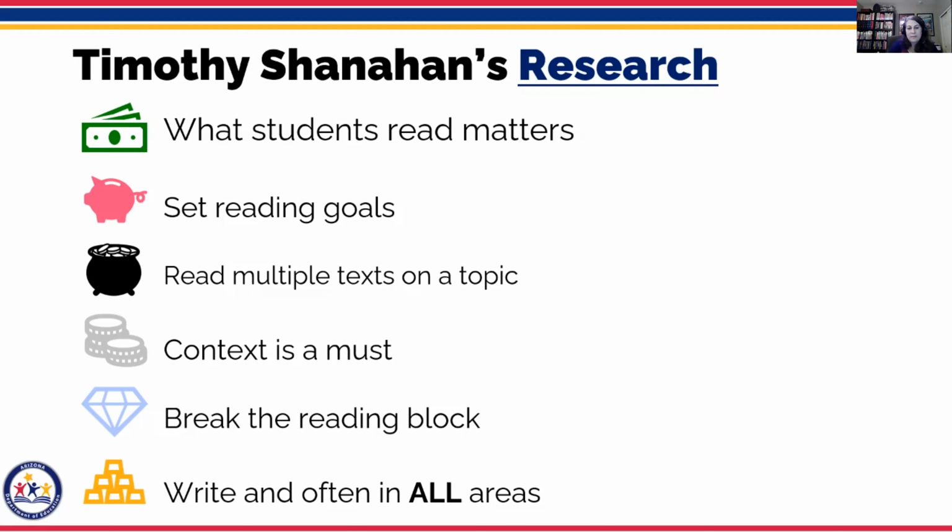Context is a must: developing context with students, and reading does that, but also developing context for what students read. We're going to give you some ideas later about how you can use primary sources and pair them with literacy or literature and books that you might be reading in class to connect. He advocates for breaking up the reading block and infusing rich texts from other content areas, and writing often in all areas.